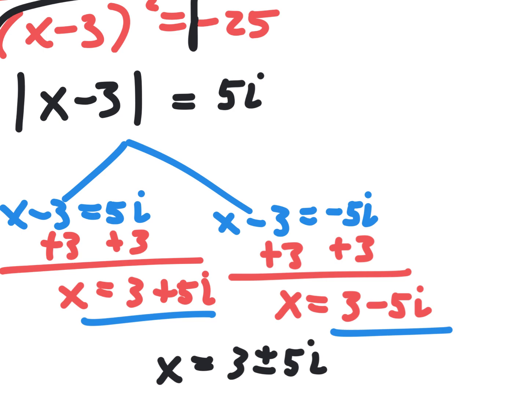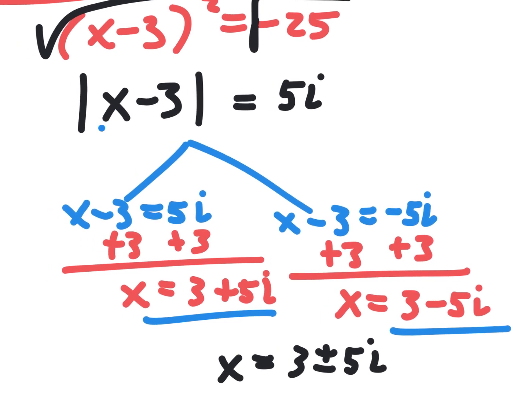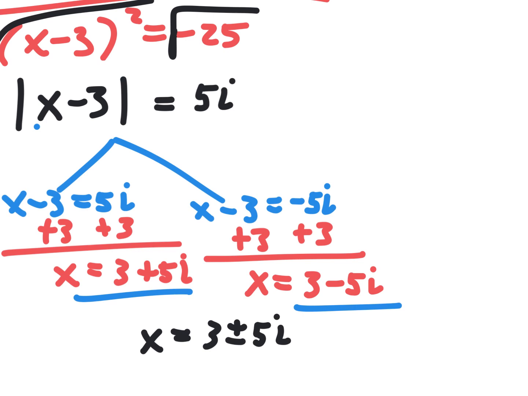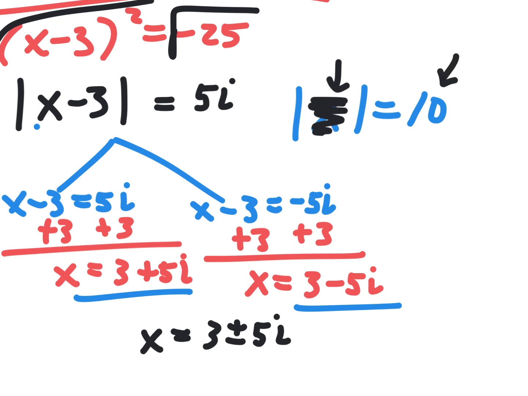Nope, nope. So let's look back at this. I'm going to just remind you with a simpler absolute value problem. Let's say I just said absolute value of x equals 10. Then what's under here, you scribble it out and you say what's underneath here could either be plus or minus 10. Okay? So this stays the same.